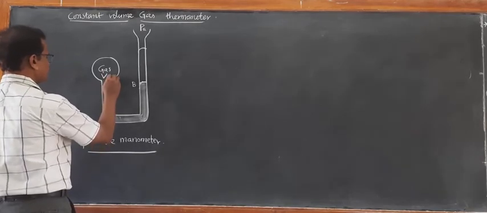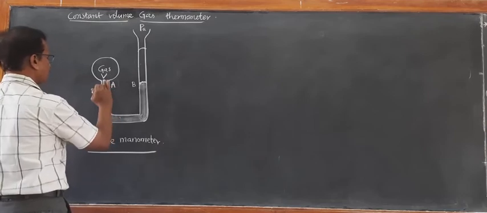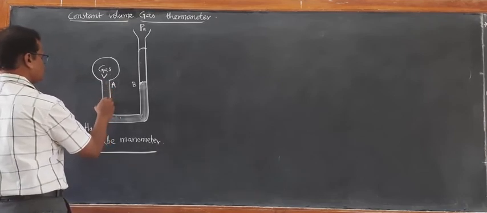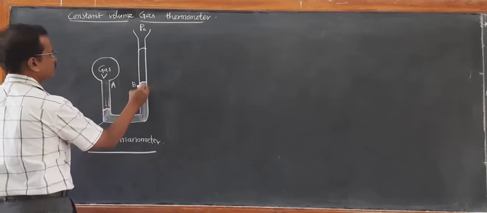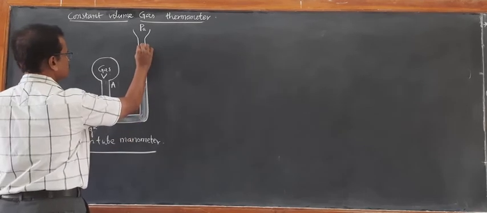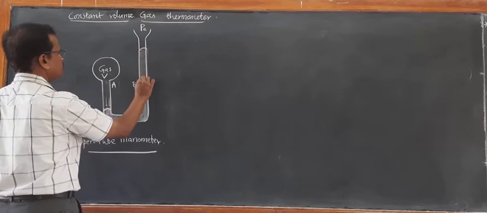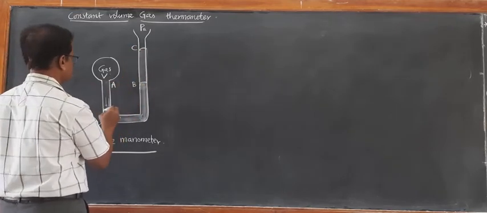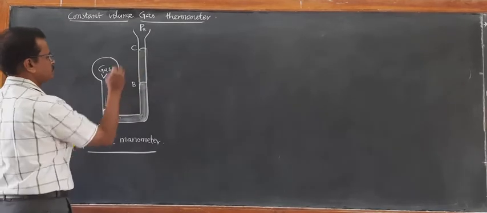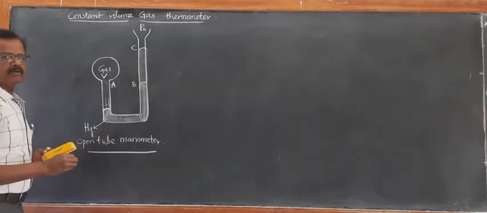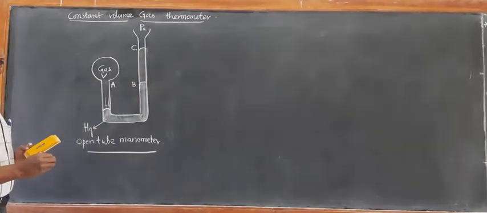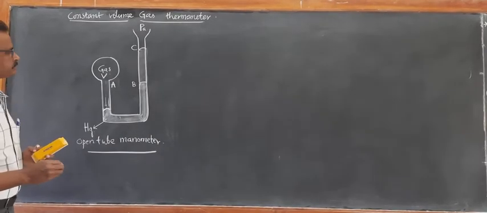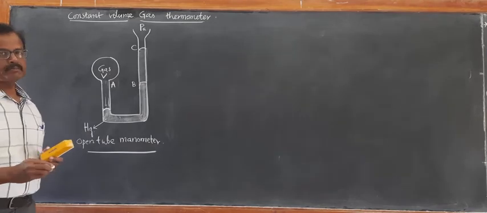It goes down here due to increased pressure. Earlier A and B were at the same level; now it is rising from B to C. According to how much the rise in the level of mercury is, we will be able to calculate the pressure.